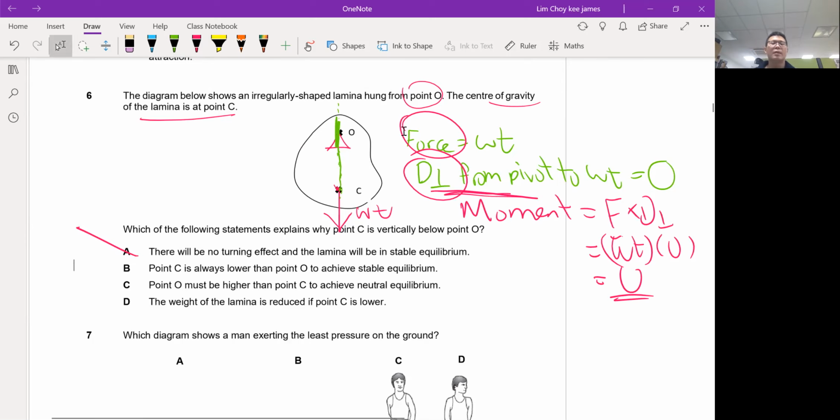This is a classic example of when we look at stability, whether the object returns to the original position or topples. A classic approach is looking at the force, the perpendicular distance, and finding the resulting moment, whether it topples, returns to the original position, or doesn't move. So take note of it.